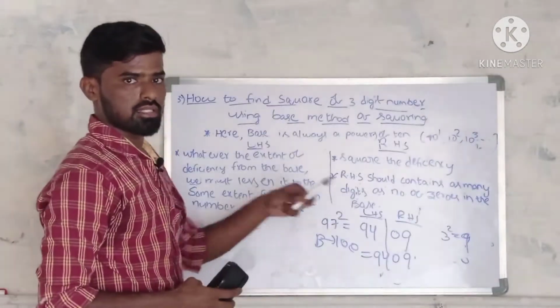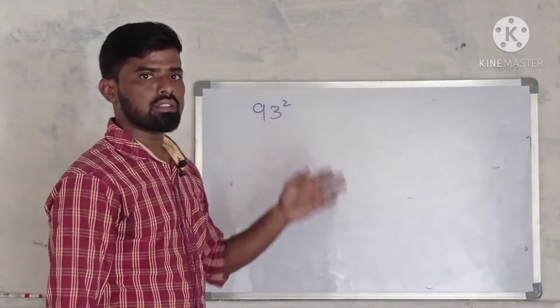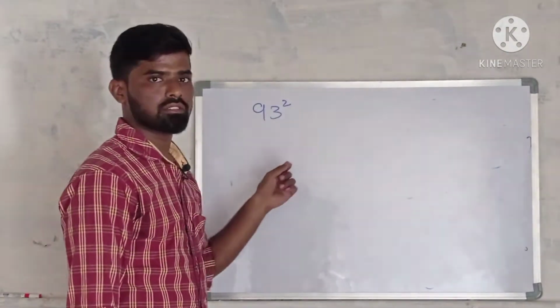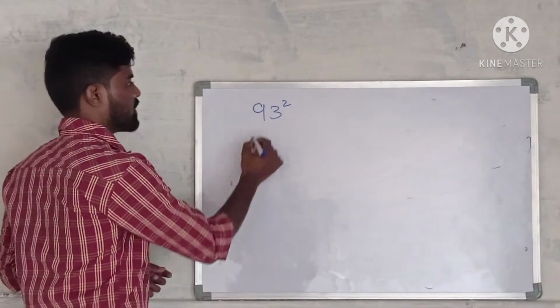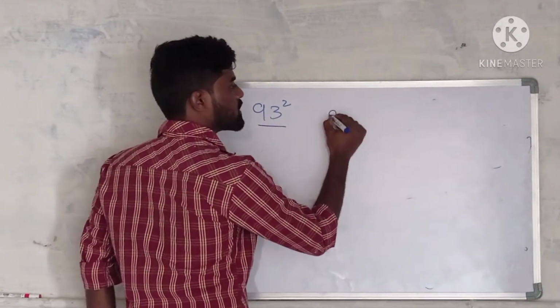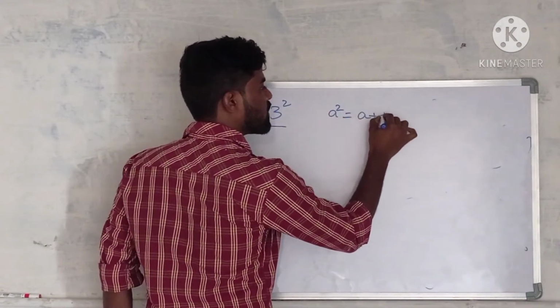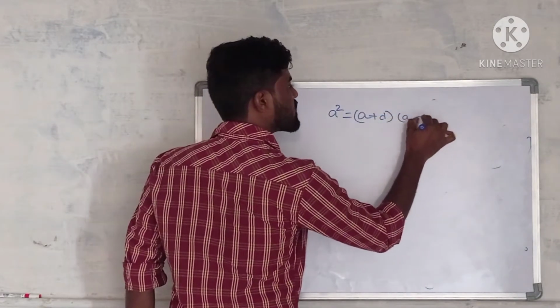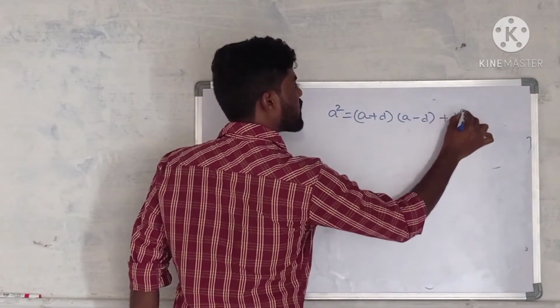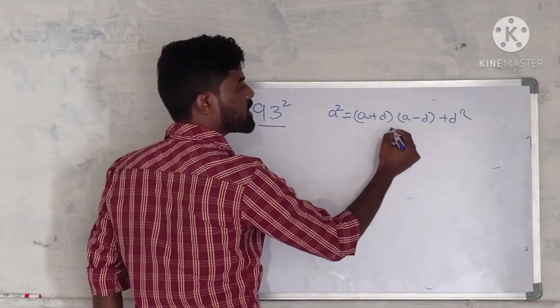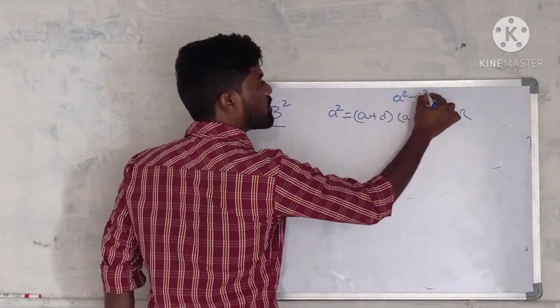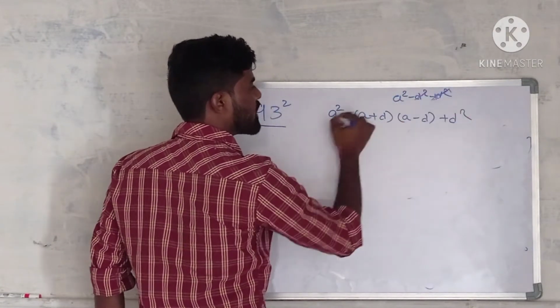Let's elaborate this concept further. Now I will show you how the base method of squaring trick is obtained. Suppose there is a square, we can write it as (a plus d) into (a minus d) plus d square. (a plus d) into (a minus d) becomes a square minus d square plus d square. By cancelling we get a square.